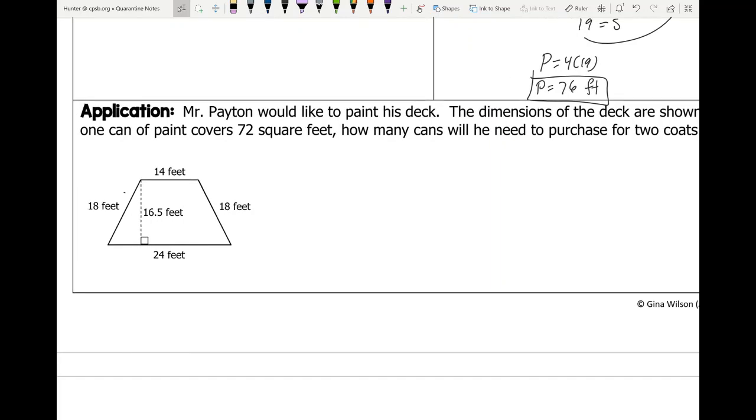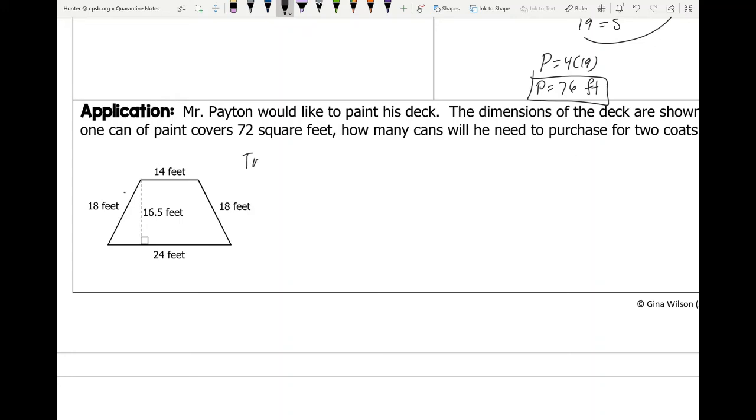Okay, so we have a trapezoid here. First thing we need to find is the area, because to find out how many cans, I have to know how big this deck is in the first place.